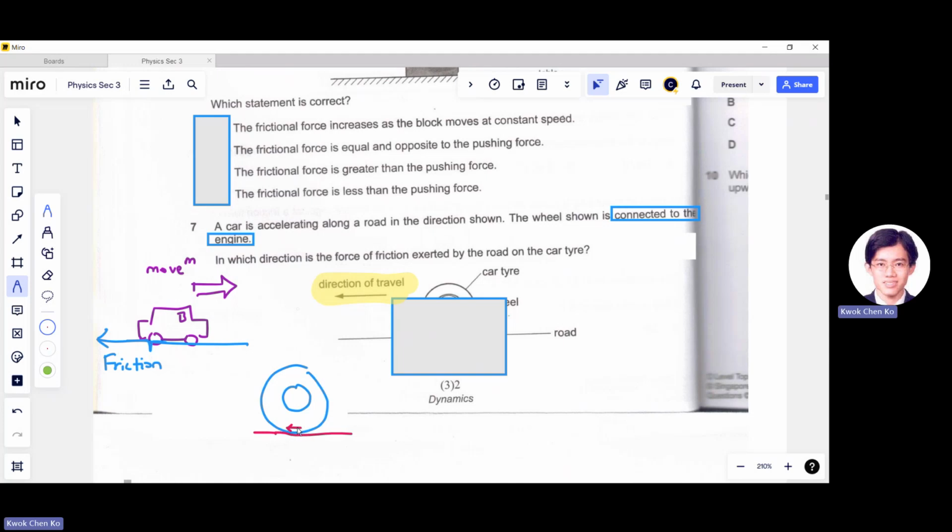So that is the direction of movement of the tire at the point in contact with the ground. So think about the answer from this perspective here.